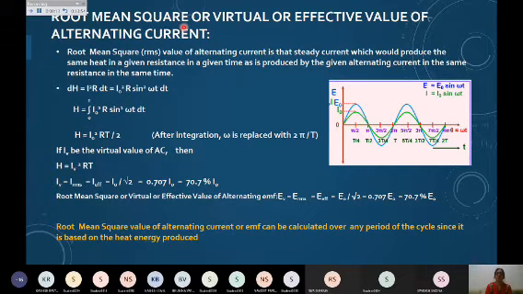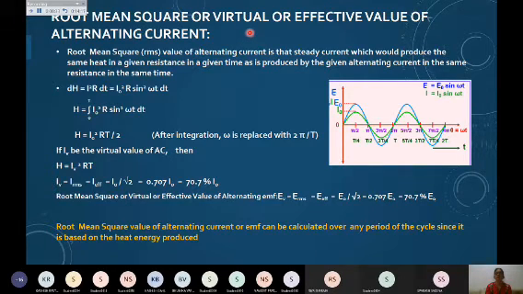RMS value we say in brief, RMS value of the alternating current, or we can say RMS value of the EMF. Both definitions should be clear. For finding the RMS value, you should know that this has become the basis for designing your AC ammeter or AC voltmeter.